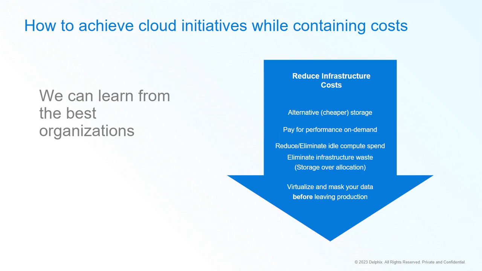And finally, something dear, of course, and near to me at Delphix: virtualize and mask. At the end of the day, anything that you can virtualize when it comes to applications, which we all do today. But again, the hardest part is virtualizing data, and masking that data before it leaves production is a must today, because you could not be finding the relationship between data masking and saving costs in infrastructure.